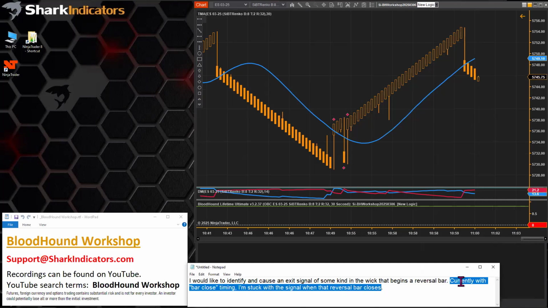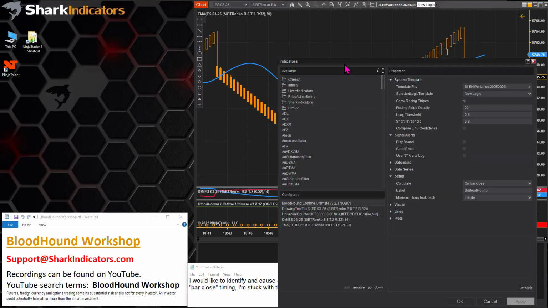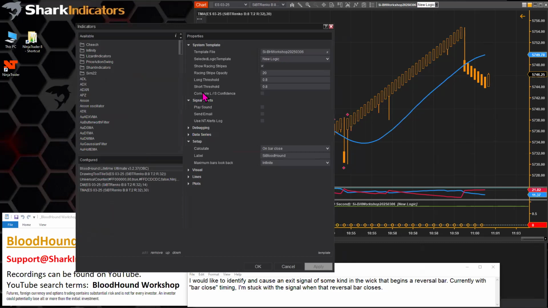So here's the key, I think, Vaughn, so correct me if I'm right. Your system, or I should say you with Bloodhound, you're running the calculate on bar close.